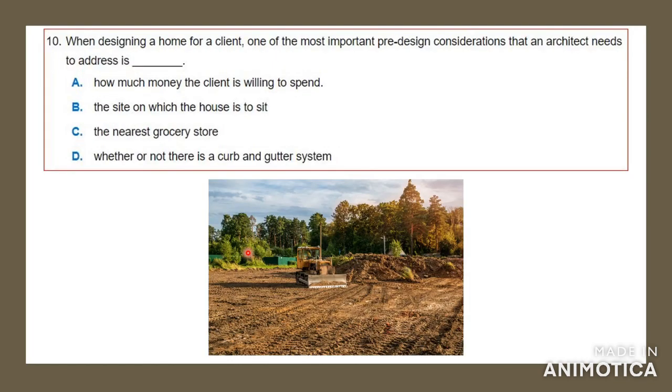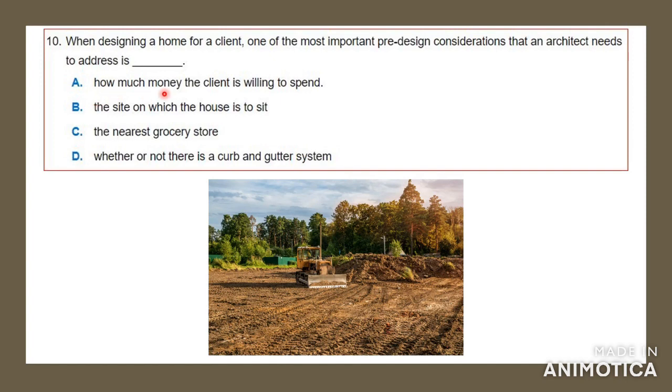Okay, and the last one. When designing a home for a client, one of the most important pre-design considerations, and pre-design means before you design anything, that an architect needs to address is, so before the architect does any designing or anything, the architect needs to know what?